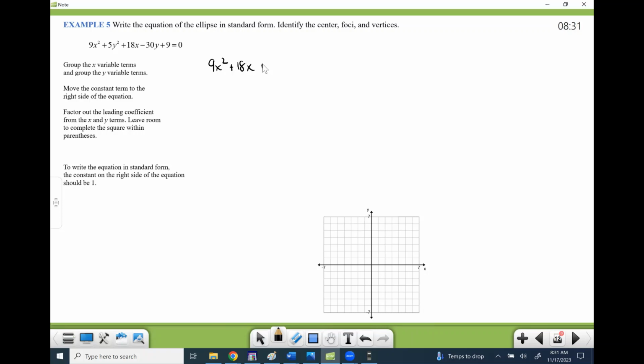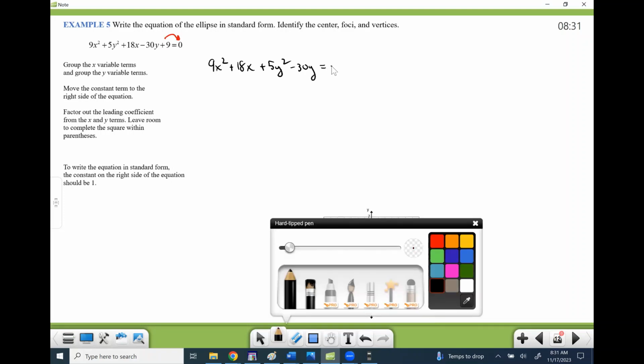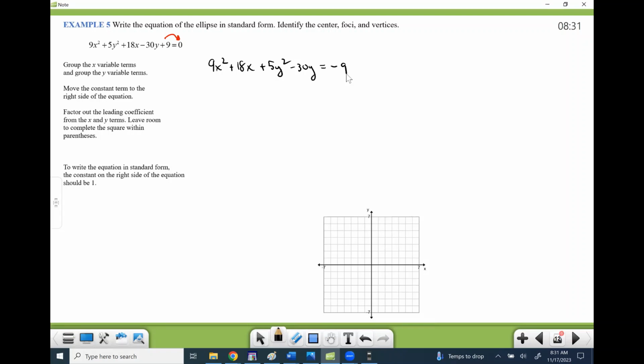And then grouping together the y's. And even moving the constant over to the other side like we did. So far, this is exactly like what we did with circles. Now, one difference, though, is I cannot complete the square when there's a leading coefficient. So I have to factor the 9 out of both of these terms.